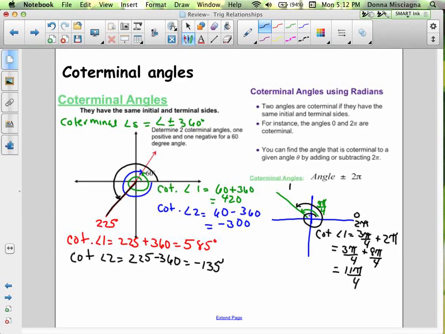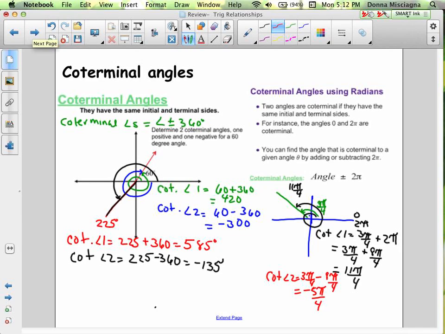To find an angle that is negative and coterminal to 3 pi fourths, we'll simply subtract 2 pi. So coterminal angle number 2 here would be 3 pi fourths minus 8 pi fourths, which would be negative 5 pi fourths.